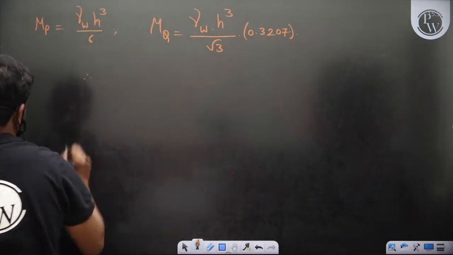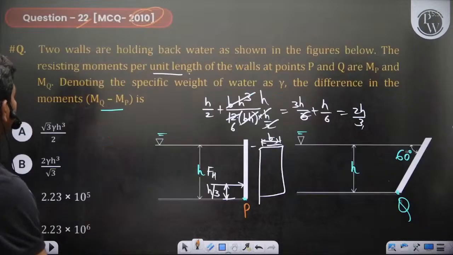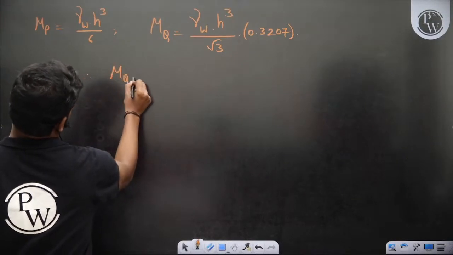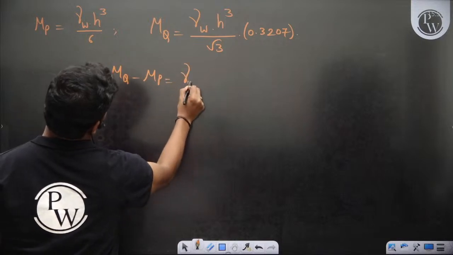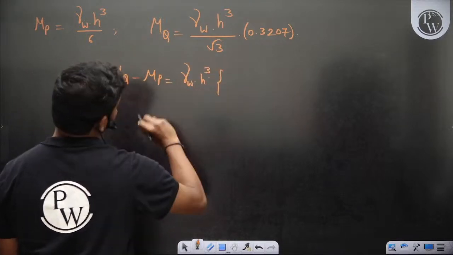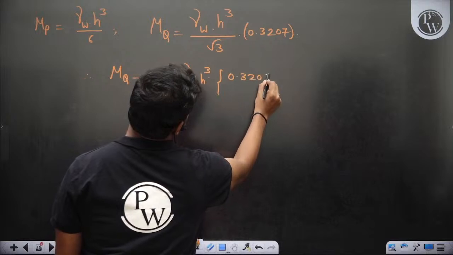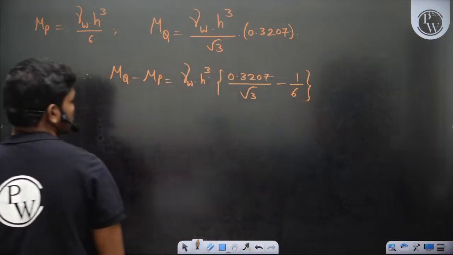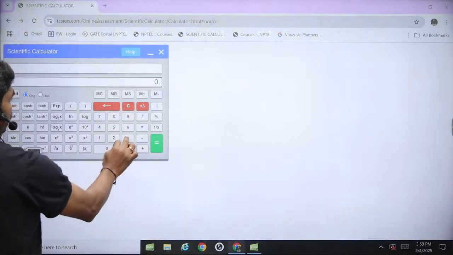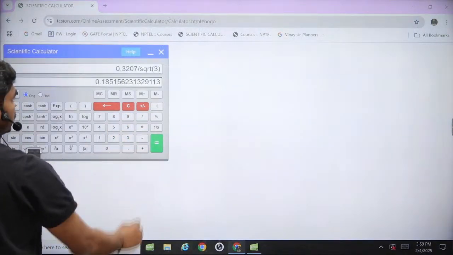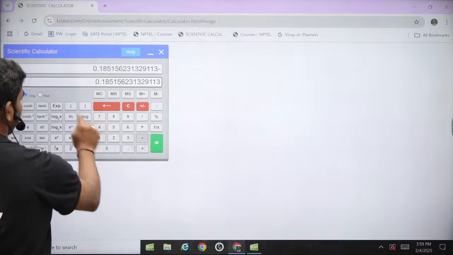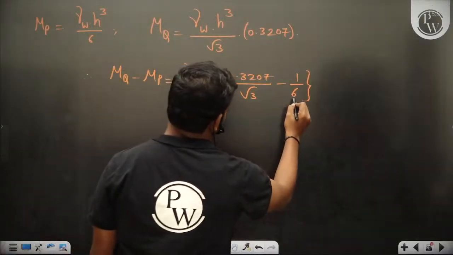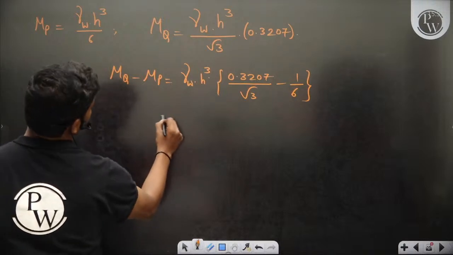So therefore MQ would be high definitely. So MQ minus MP is gamma W h cube into 0.3207 by root 3 minus 1 by 6. That's all. So 0.3207 by square root of 3 minus 1/6 is 0.0184. 0.0184.